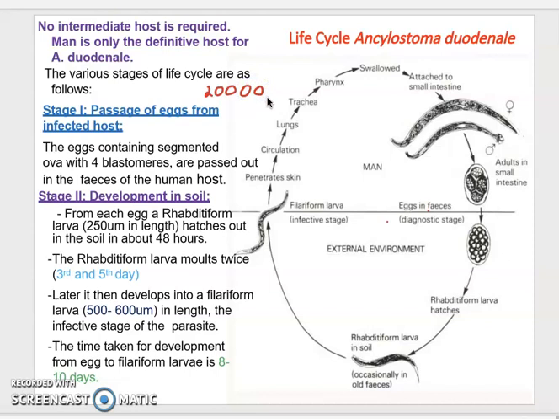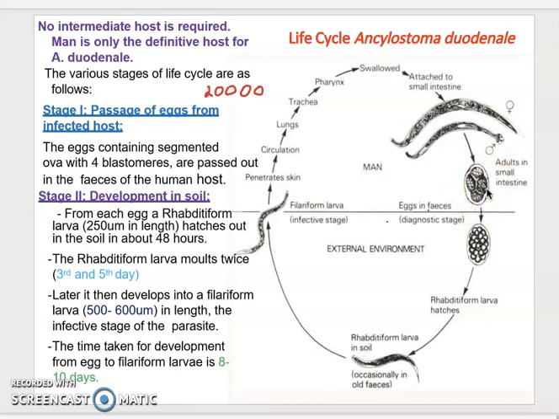These eggs find their way outside along with the human feces. The eggs are colorless, oval or elliptical in shape, as you can see here, and enclosed in a transparent membrane, the egg capsule.